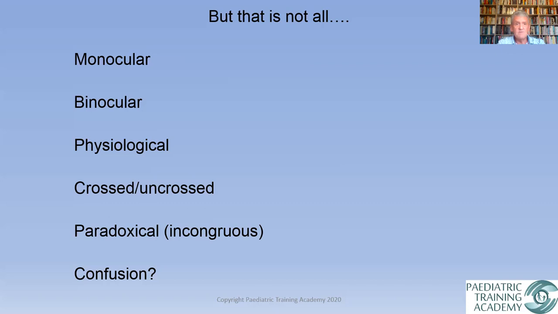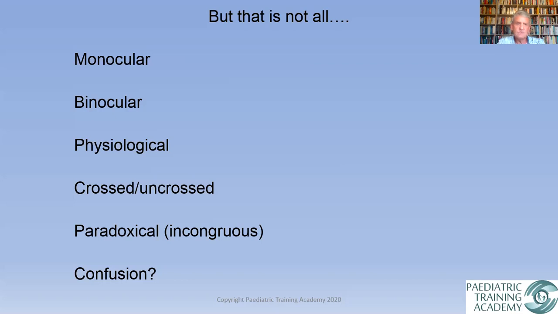Physiological diplopia. Every single patient who walks into your rooms, who has two reasonably functioning eyes, sees double and blurred all the time. The only thing that is clear and single is what they're looking at. If they're looking at your nose, or at the word hello, or whatever the case might be, that and a small area around it will be clear and single, and everything else is double and blurred.